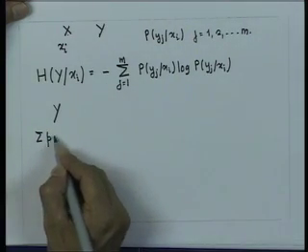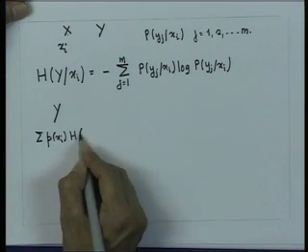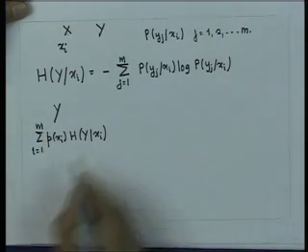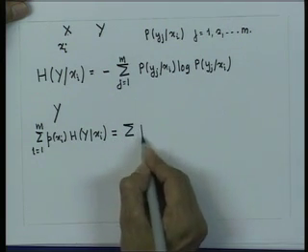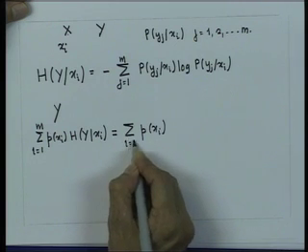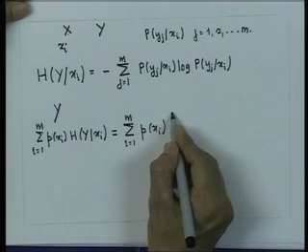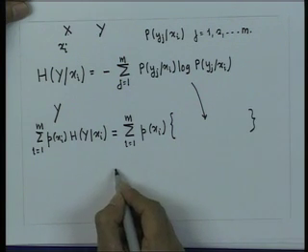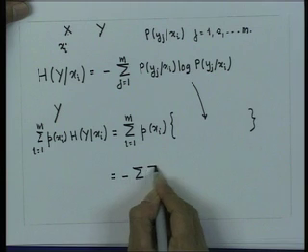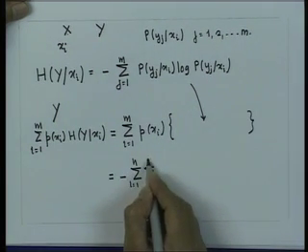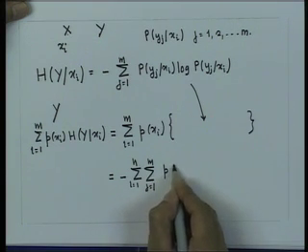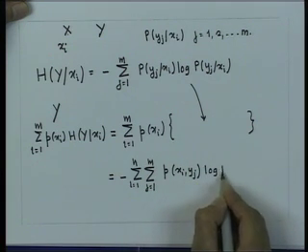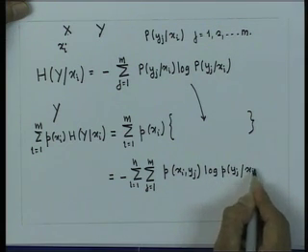So, the average of this quantity is nothing but the sum over i equal to 1 to n of p of xi H of y given xi, and if we substitute this expression out here, we can simplify this very easily to the double summation, i equal to 1 to n, j equal to 1 to m, of probability of xi yj log of probability of yj given xi.